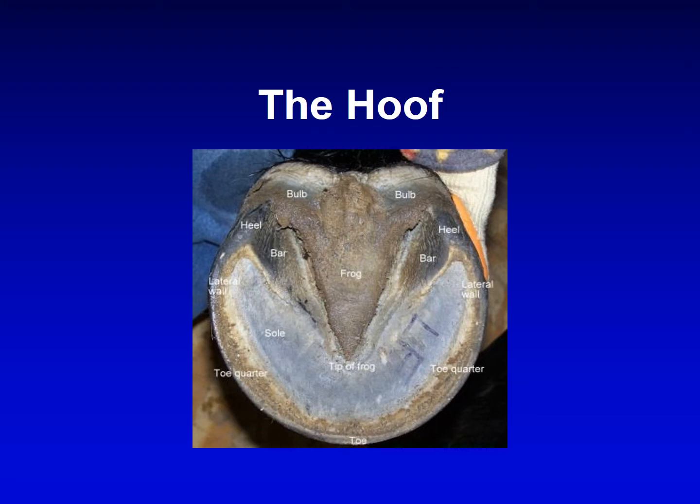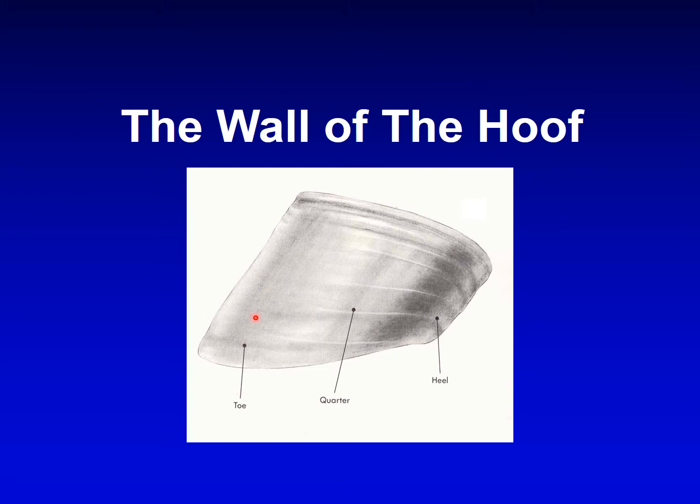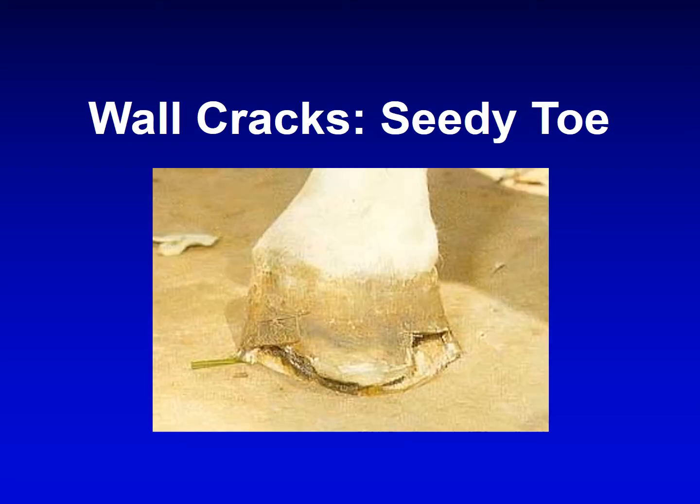Now, the wall consists of toe, quarter, this area right here, and then heel. Sometimes in the wall you see cracks, and we call that seedy toe.